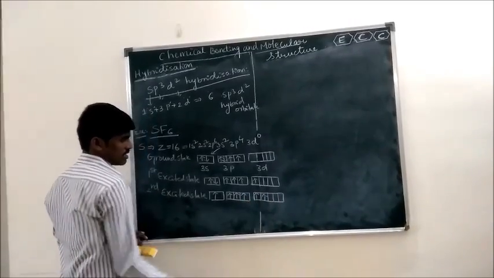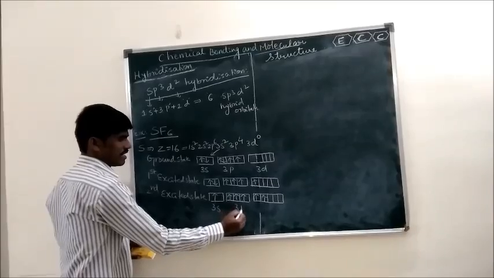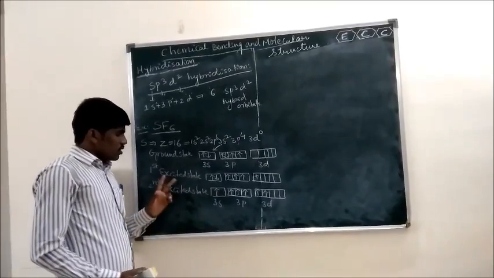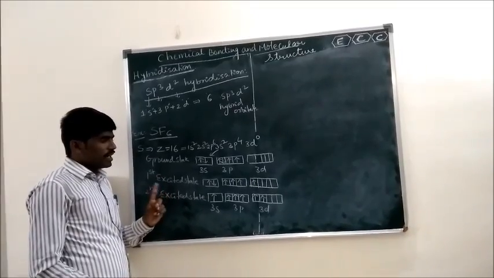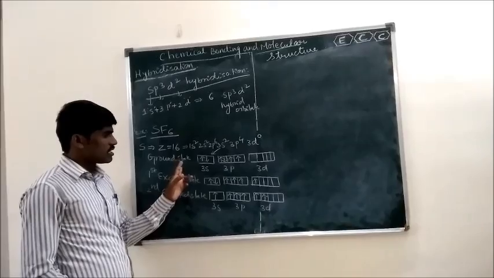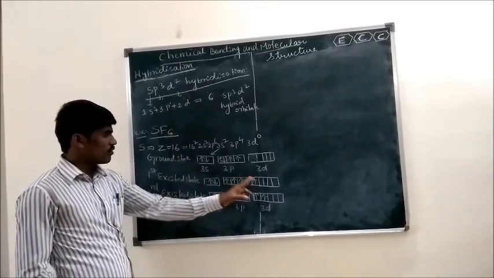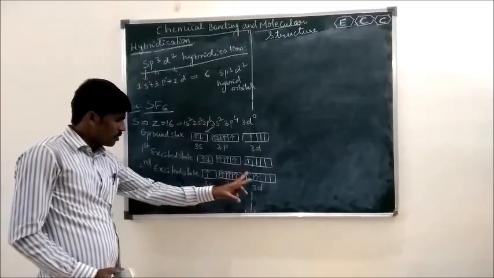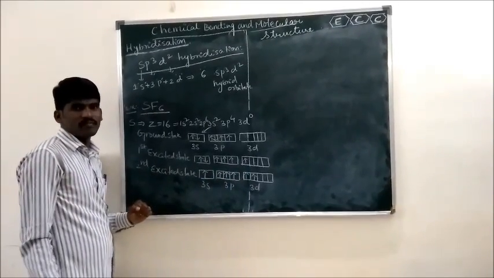In total we got 6 unpaired electrons in the second excited state. So sulfur can form a maximum of 6 bonds. It can form 2 bonds in the ground state, 4 bonds in the first excited state, and 6 bonds in the second excited state.